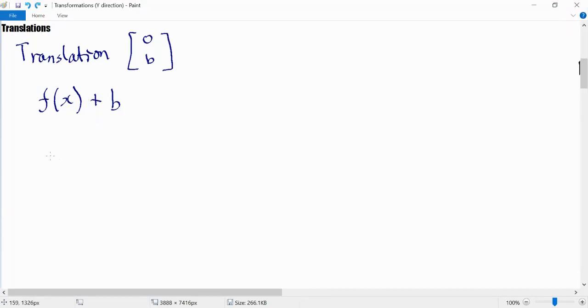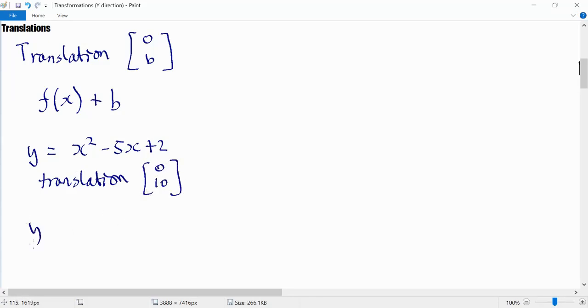So, doing some examples, let's say we had the graph y equals x squared minus 5x plus 2, and we were doing a translation by 0, 10. All you'd have to do is x squared minus 5x plus 2 plus 10. And that's all there is to it. Of course, you could then simplify that, and that would be your final answer.